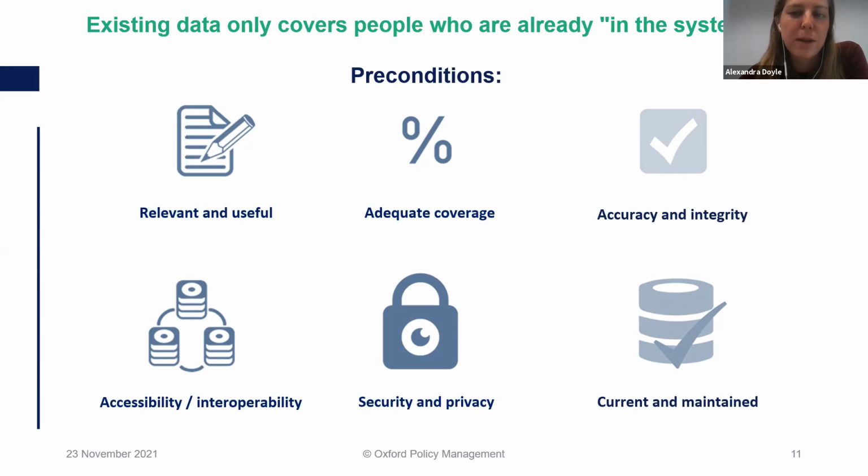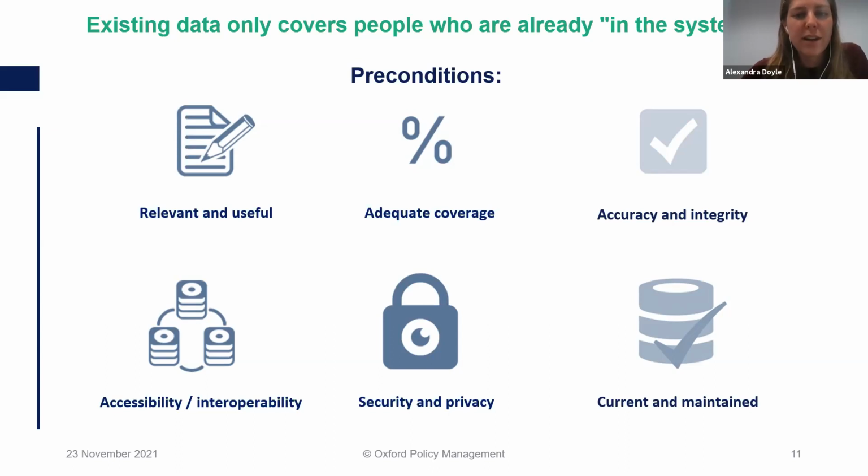So having data on people's socioeconomic conditions, and also having data to reach people. So data for delivery, including contact information or data that can help with payments. And finally, it needs to be accessible, it needs to be trusted, secure, and it needs to be private. And in many countries, existing information systems didn't tick all of these boxes. And that's particularly in relation to having adequate coverage of the affected population.